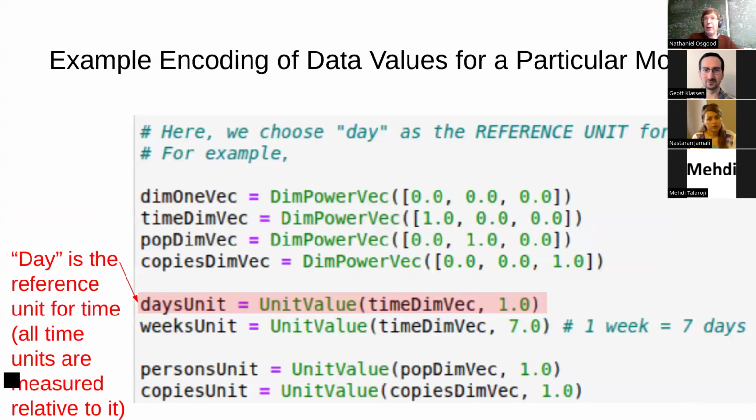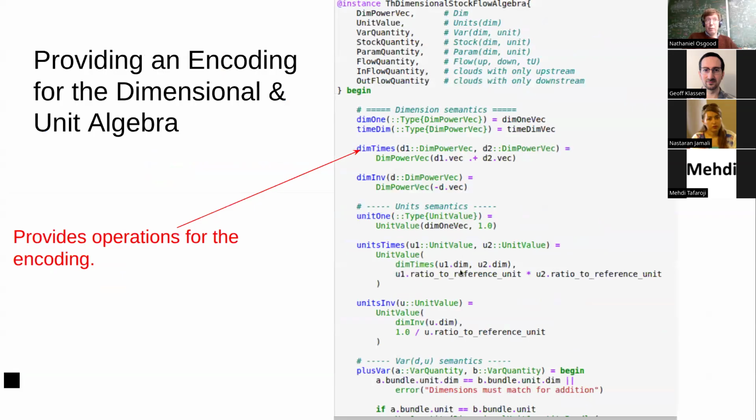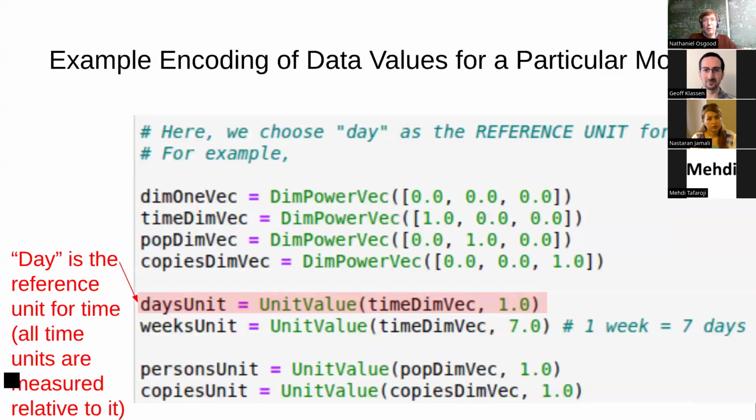But those are going to have encodings of their dimension and their units associated with them. And units are going to have this knowledge of what the length of their yardstick is relative to the reference thing. The week is, I'm 7 times as long as the reference one. And that will allow us, if needed, to convert between things down the road.